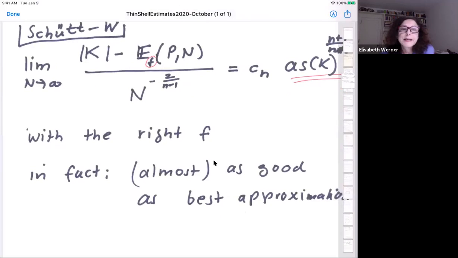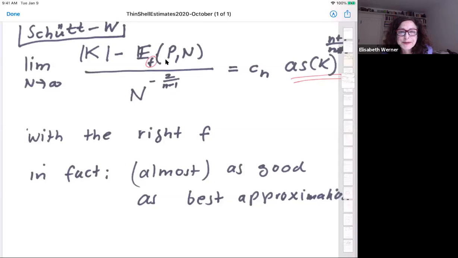I mean, if instead of looking at the volume difference of K, that is the volume of the body, and such expected volume of a random polytope, we replace this by the volume of a best approximating polytope with n vertices, which are not chosen.